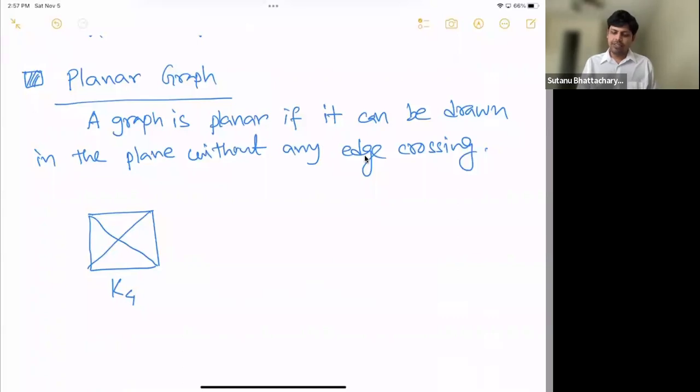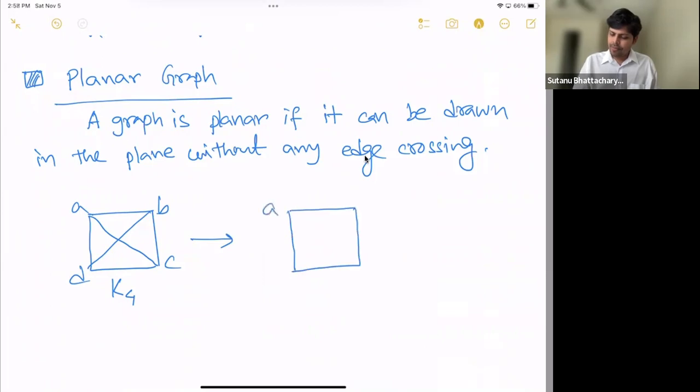Let's name them A, B, C, D. It seems that edges AC and BD are crossing each other. But if you draw the same graph this way, CD, BD.